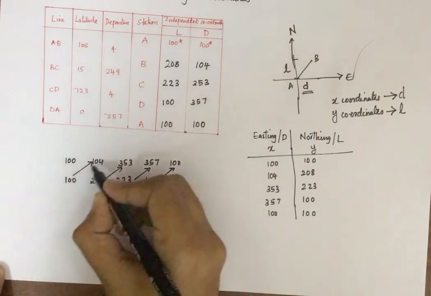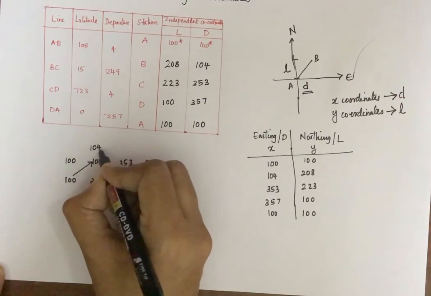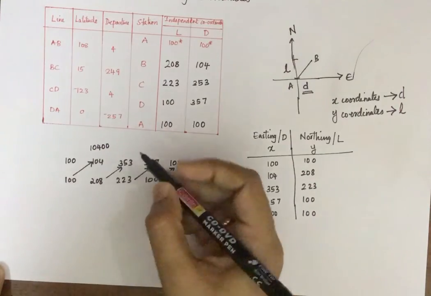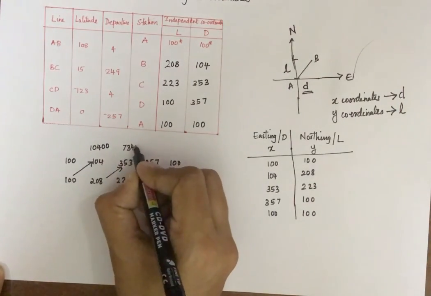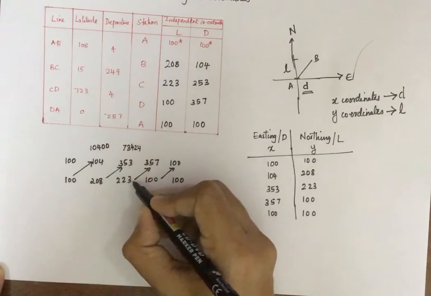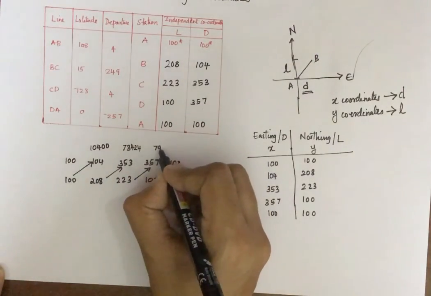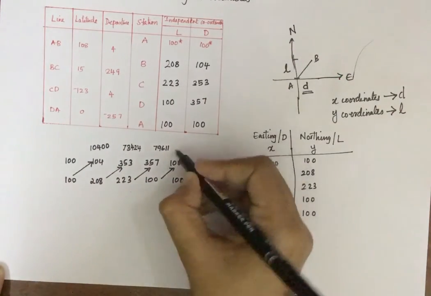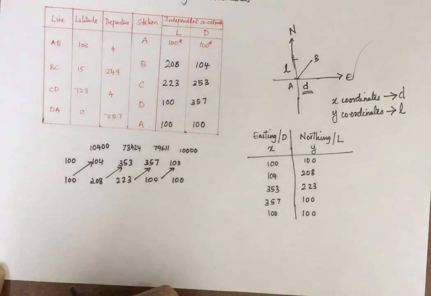When you multiply these two values, write the value on top: 10400. 208 into 353, it is 73424. 223 into 357, it is 79611. Then 100 into 100, it is 10,000.